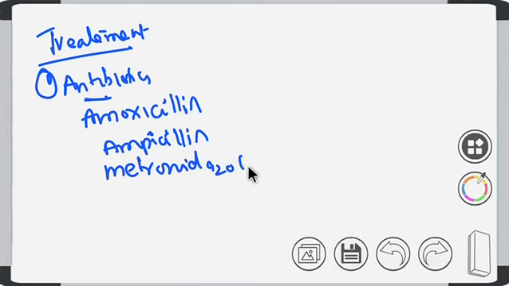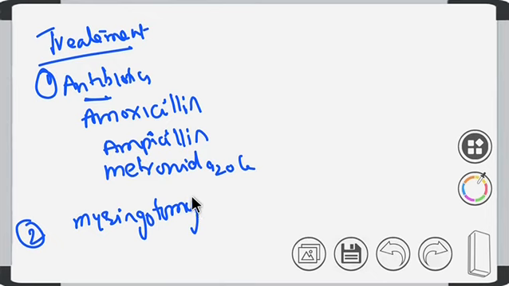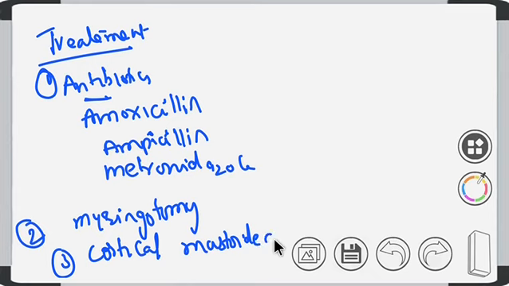When there is excess pus, then we will do myringotomy and drain the pus. Another, the last treatment, is cortical mastoidectomy. Clear? So these are all the treatment options we have.